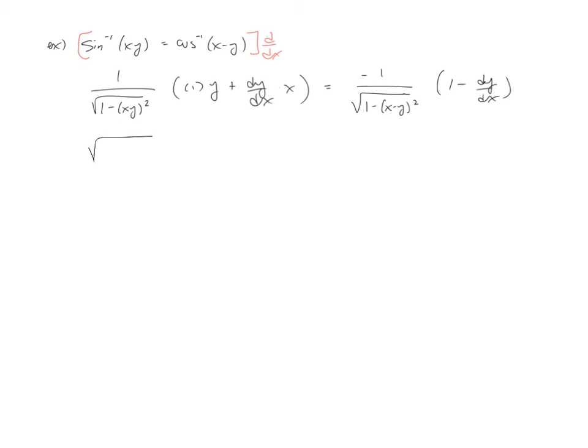So I'm going to get a square root of 1 minus xy squared times a y plus x dy dx equals a negative square root of 1 minus xy squared times 1 minus dy dx. Okay, so I multiplied this guy over here, and that negative is the same as that negative.